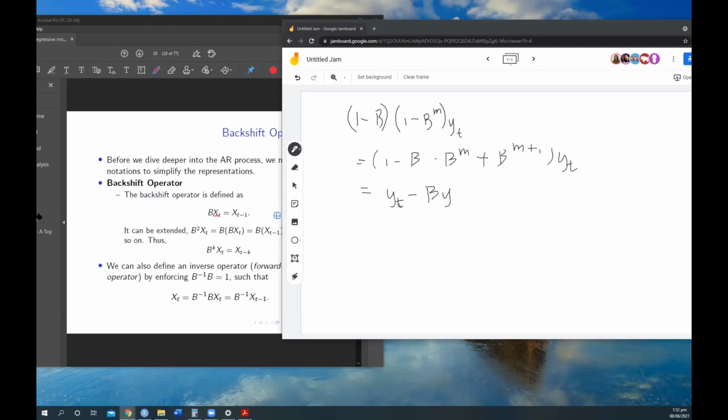Yes, mo na nakanindot sa backshift operator. Operator. Y sub T minus 1. Backshift operator. Yes. Minus. Very good. Y sub T minus M. Correct.